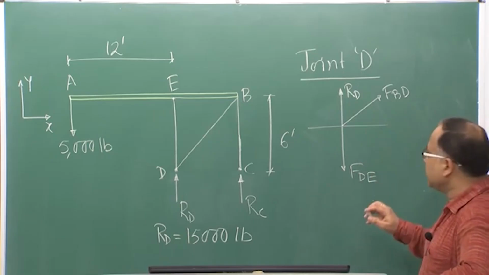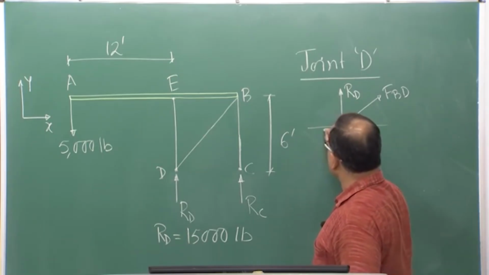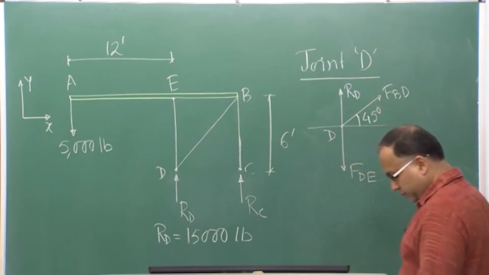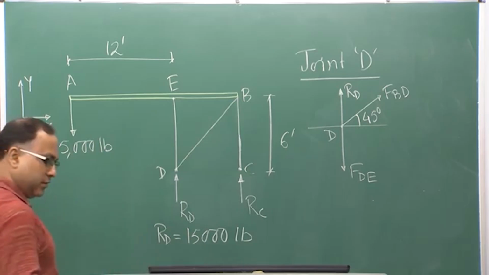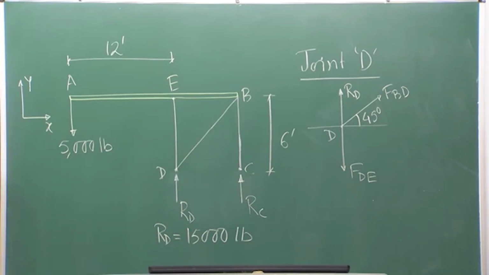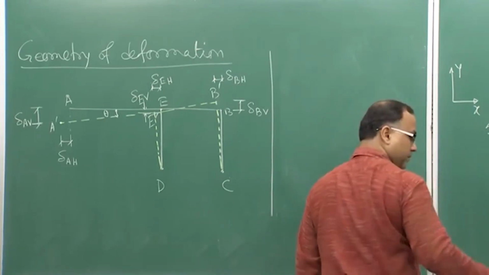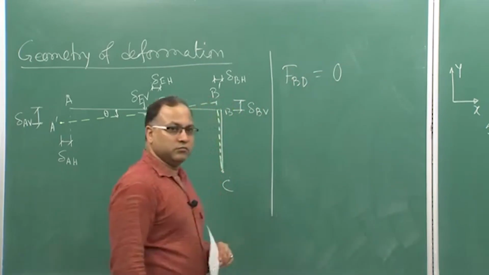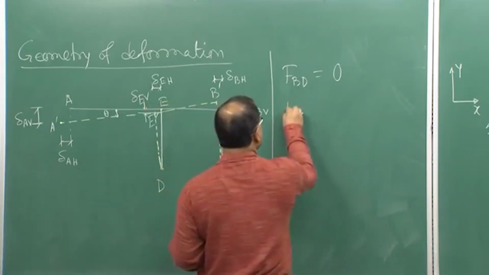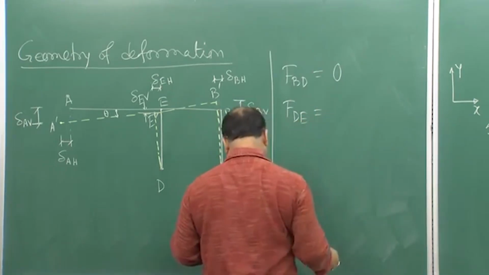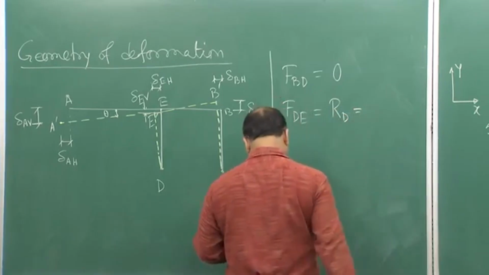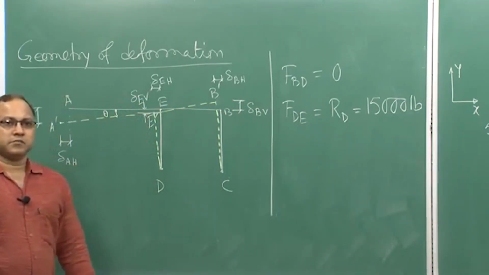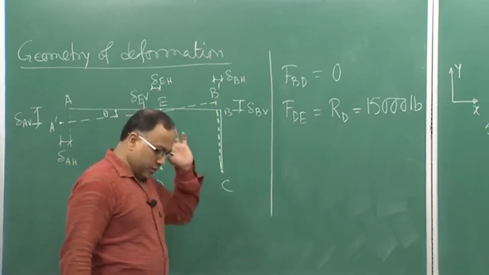This angle is 45 degrees. From this force diagram, you will get FBD equal to 0, and FDE equal to RD, equal to 15,000 pound. Now you have got all the member forces.